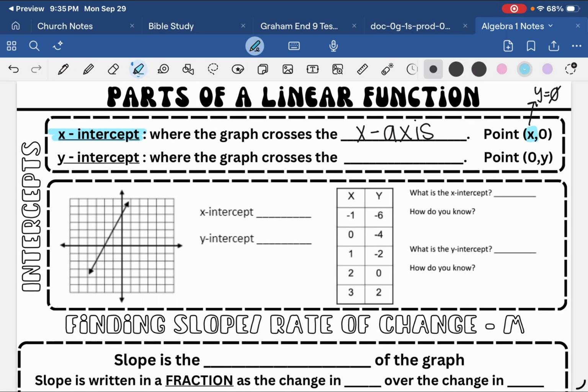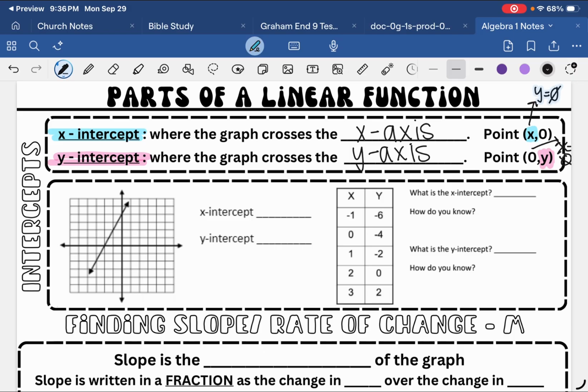Okay? So a y-intercept is where the graph crosses the y-axis. And this point is always where x equals 0. So if you can fit that on the side of your notebook paper: x equals 0.